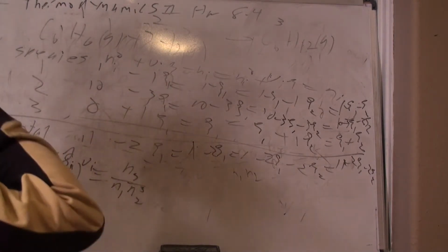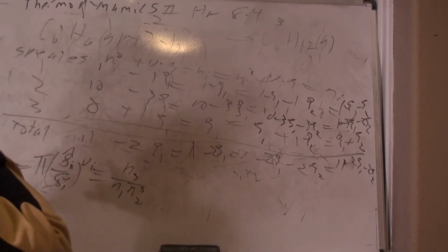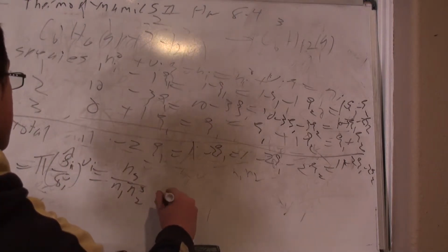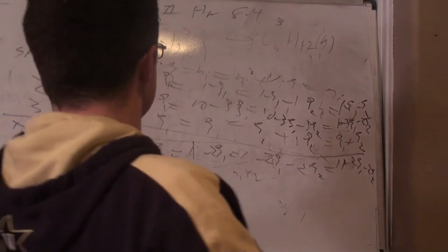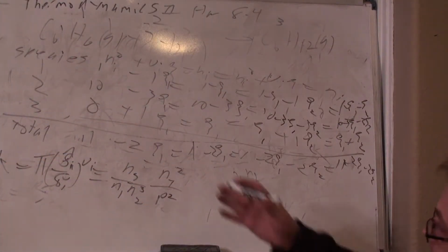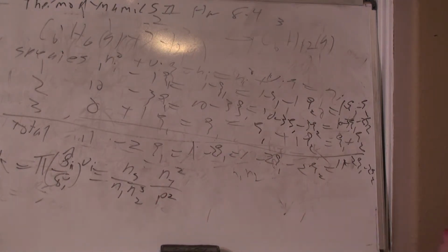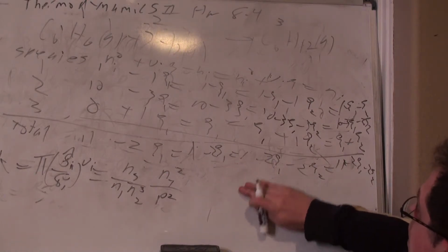My P is luckily constant, so that's kind of convenient. But my nu in this case is minus 2. So I've got P squared, and I've got n total squared. That's equal to my K, but I kind of have two K's. I've got my initial and then my final, in a sense.